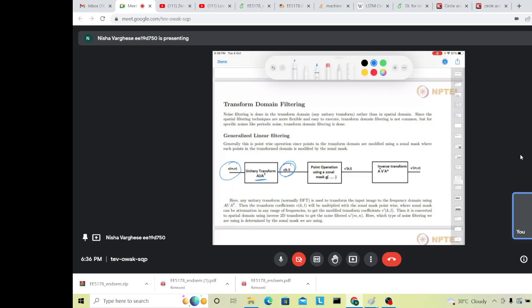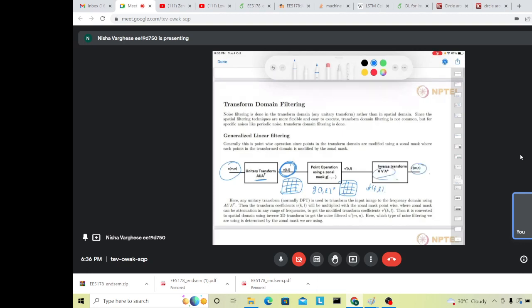Then at every position we will apply some filtering. We have a mask like this, G_KL, that will be multiplied with this input. These two will have the same dimension. That will be multiplied with this to get V dash KL, and that will be given to the inverse transform function to get the filtered output.